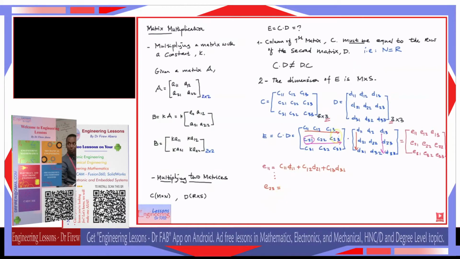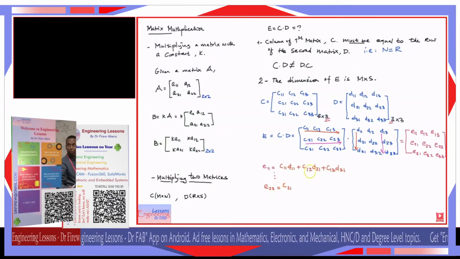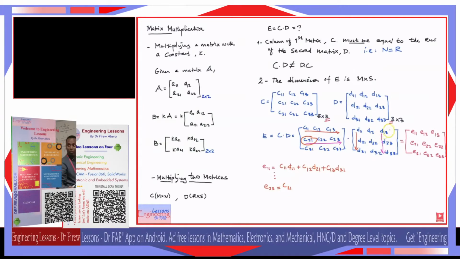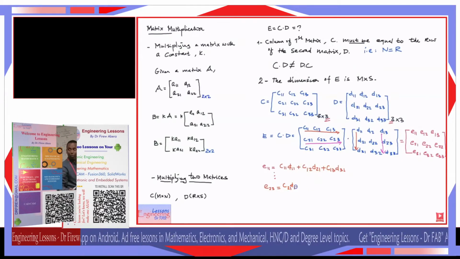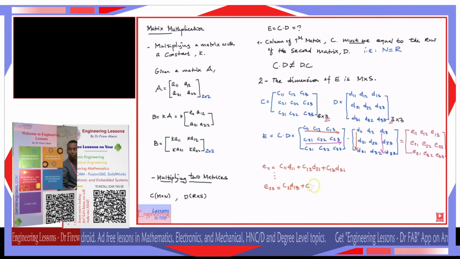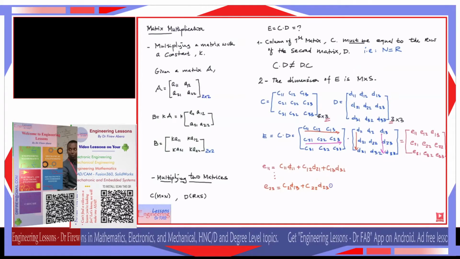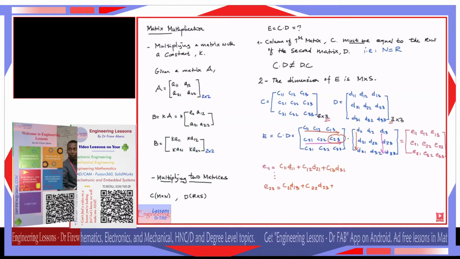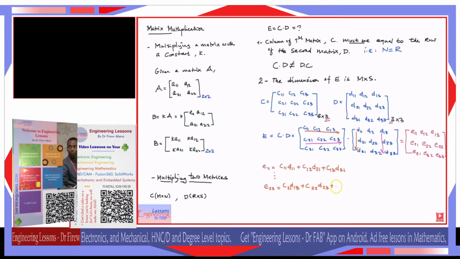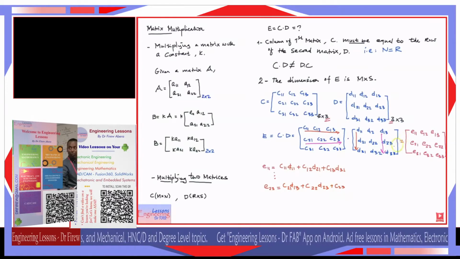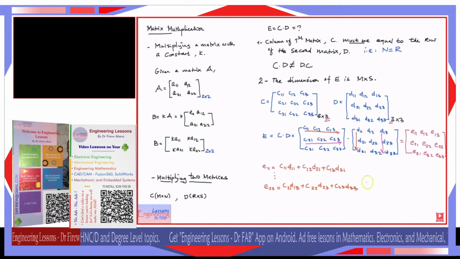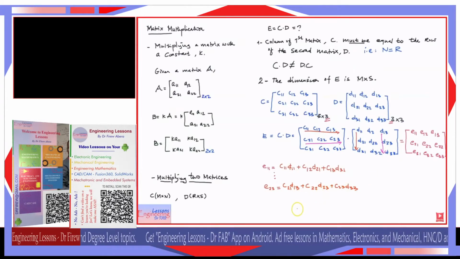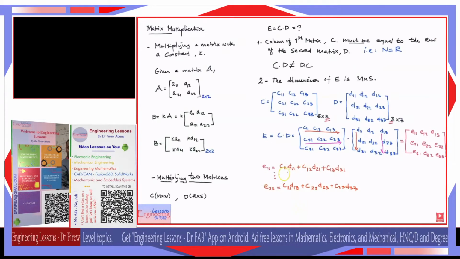We start again by multiplying C21 by D13, plus C22 multiplied by D23, and the last product, C23 multiplied by D33.